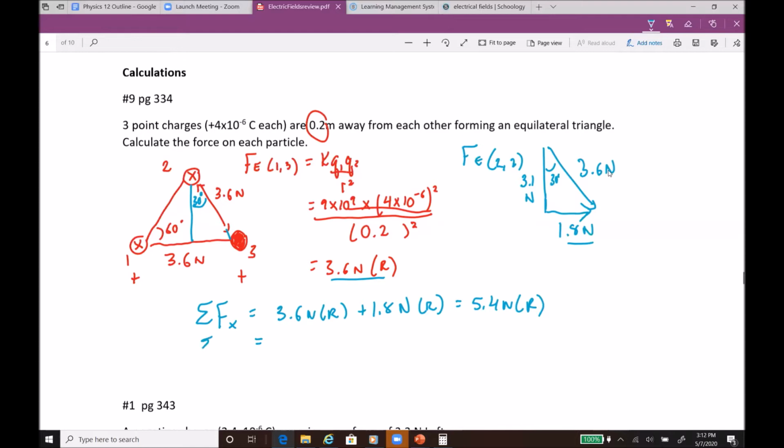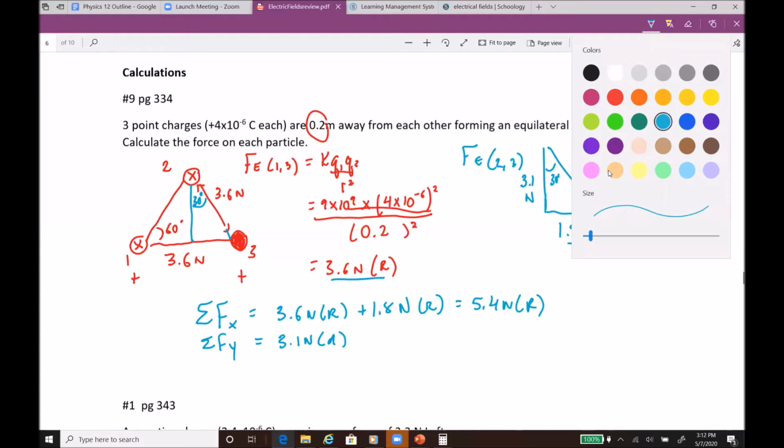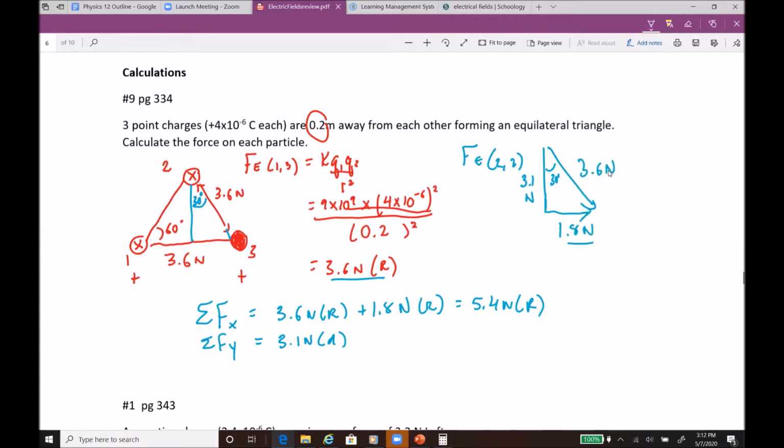If I look at the sum in the y, there's really only one in the y, which is simply the 3.1 newtons heading down. So that gives us 5.4 this way and 3.1 down.